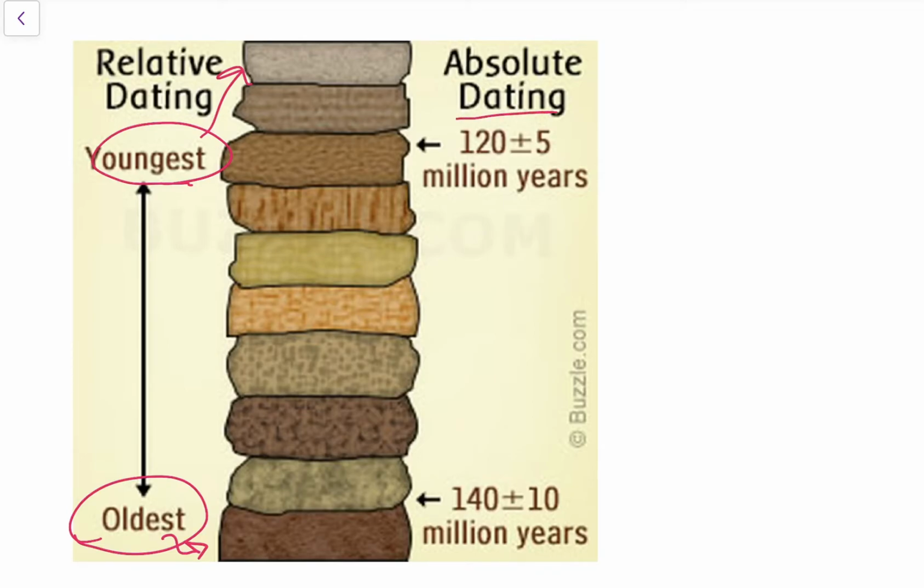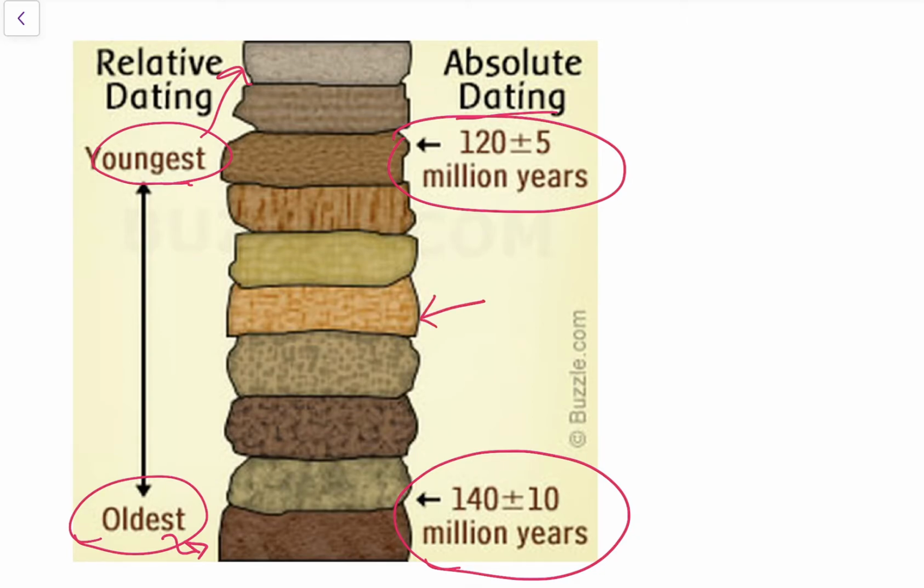Now, if absolute dating tells me that the rocks at the bottom are 140 million years old, and the rocks at the top are about 120 million years old, well, I don't know exactly, but I can guess that maybe this rock in the middle is somewhere in between.